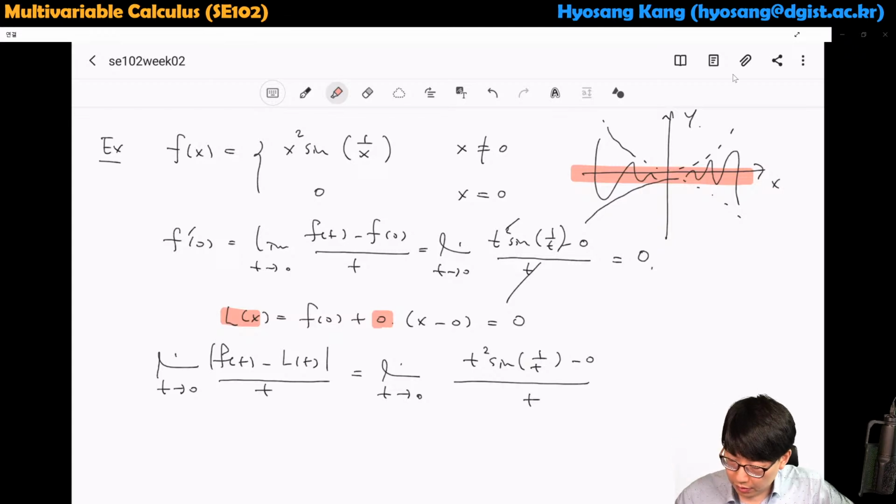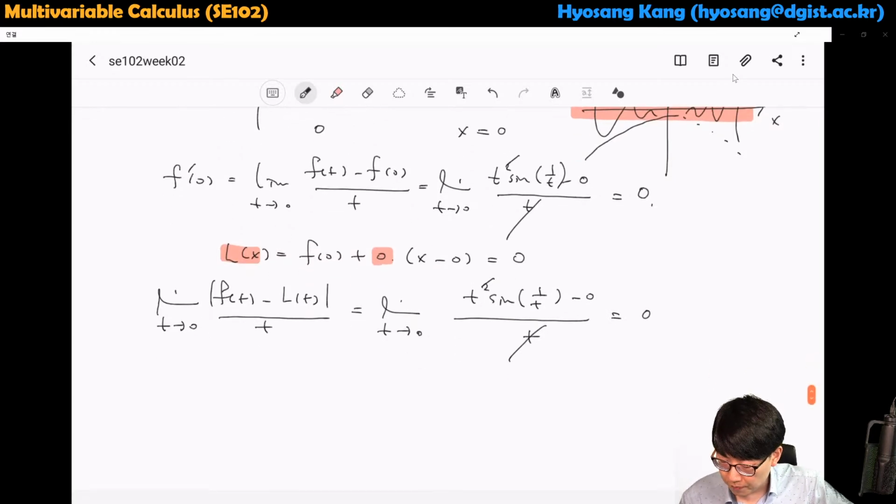Right, it's not a good example if I do this in the single variable case. Well, let's just conclude this. So anyway, if I do this, then the t squared cancels out, we have t still remaining, so it becomes 0. So it's differentiable, obviously. I already did this when I computed f prime 0.